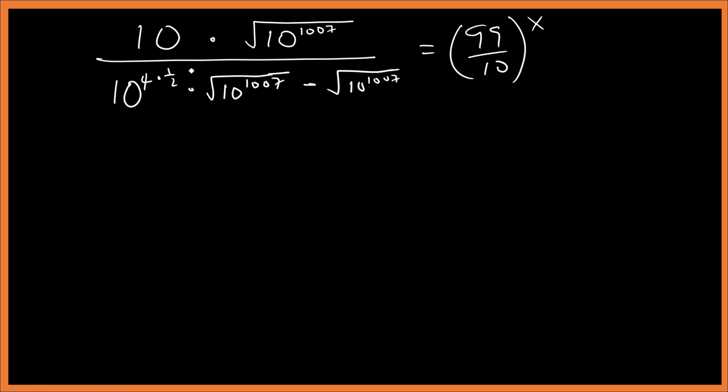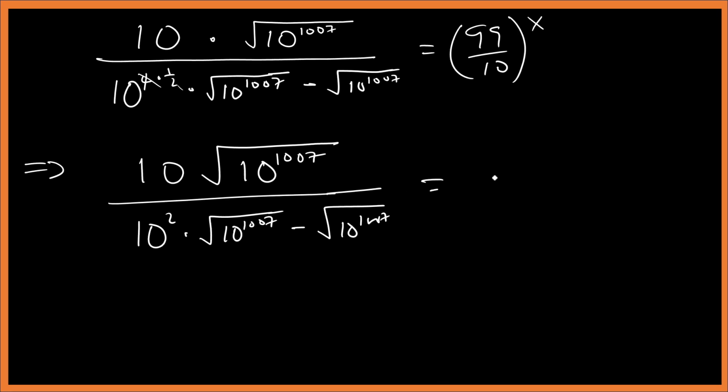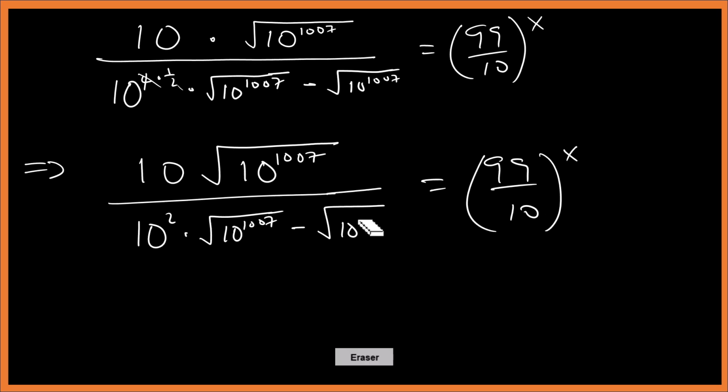Now from here, remember this side to be 10 times 10 raised to 1007, and this side will be 10 raised to the power 2 times 10 raised to 1007 minus 10 raised to 1007 equals 99 on 10 raised to x.